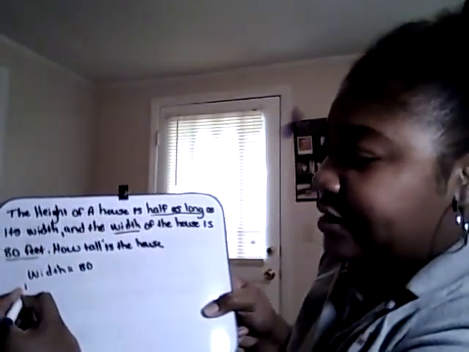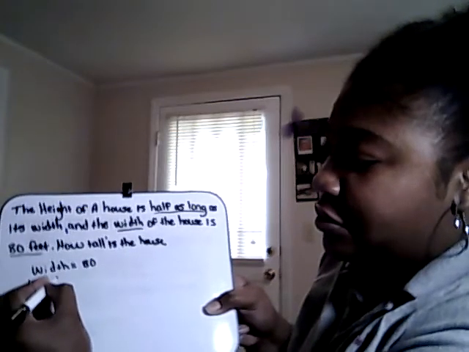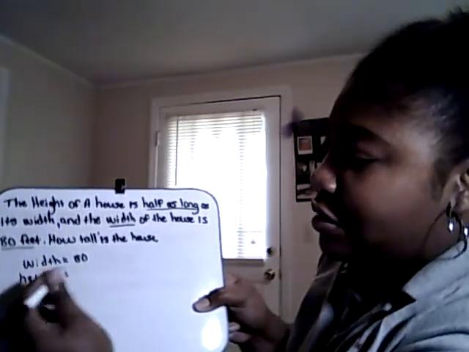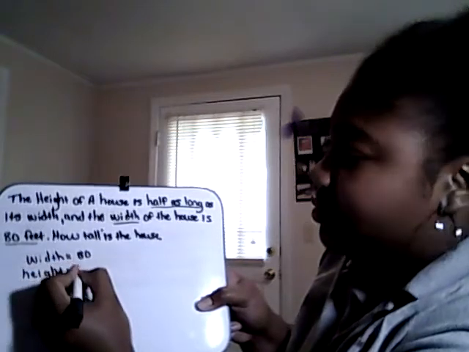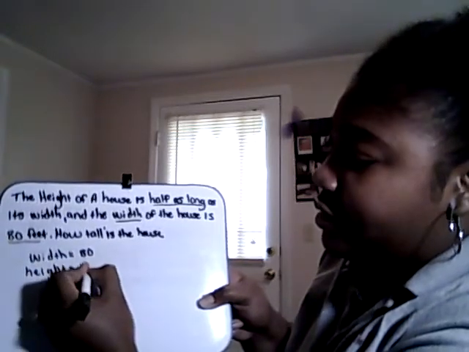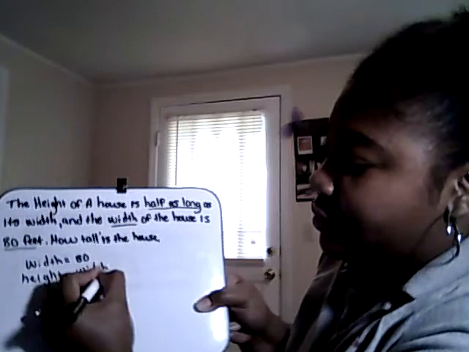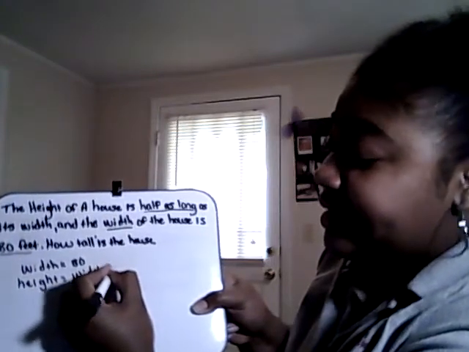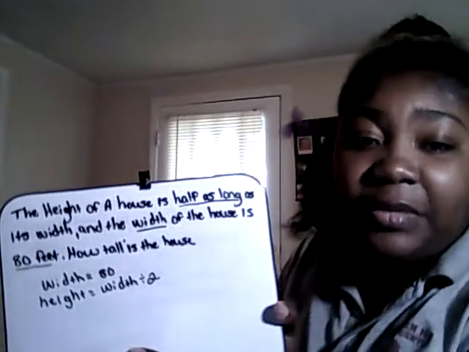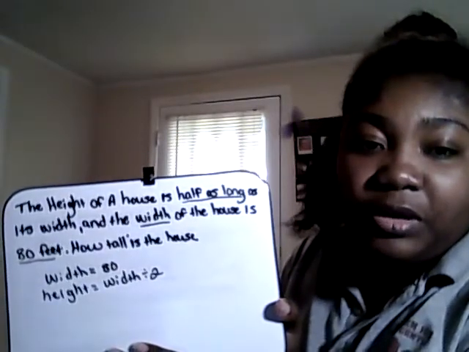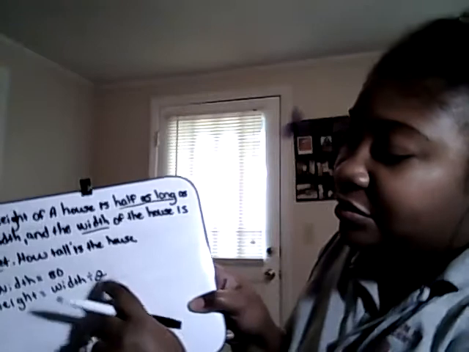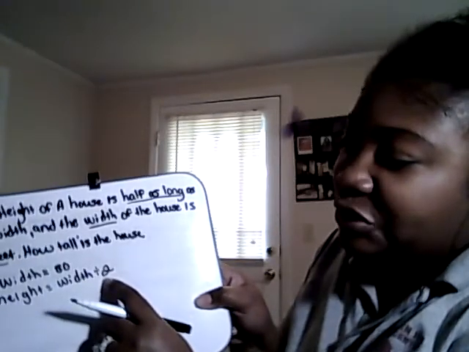So for height, I'm going to put width divided, because it says half. When it says half like that, that means we're going to divide. So if we want half of something, I'm going to divide it by 2.